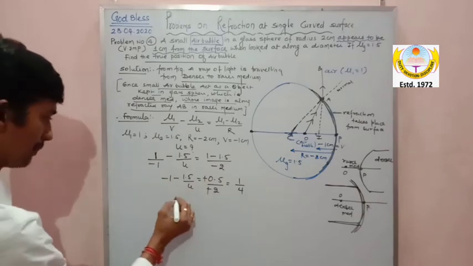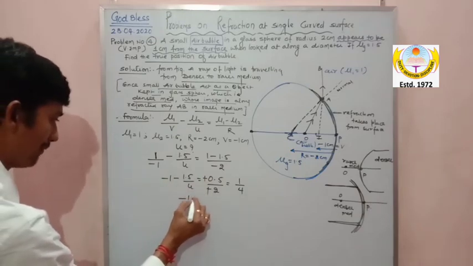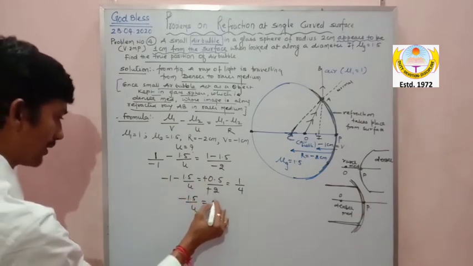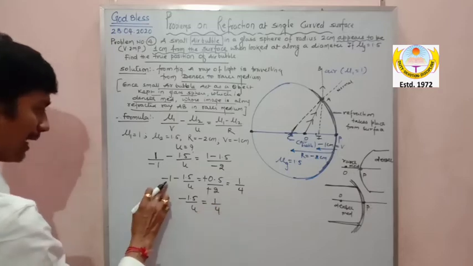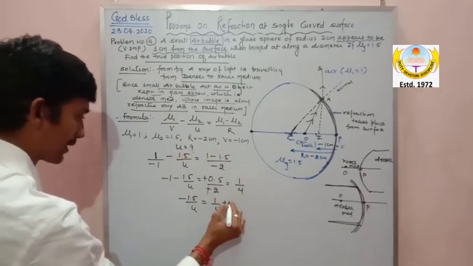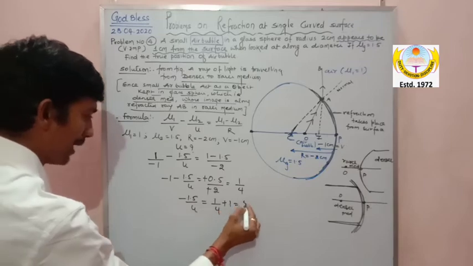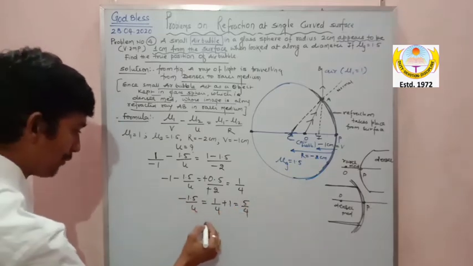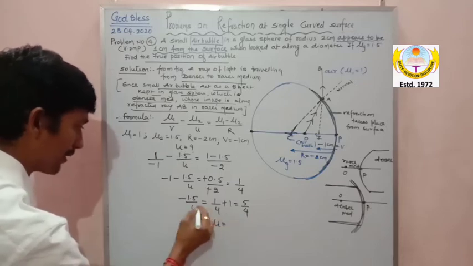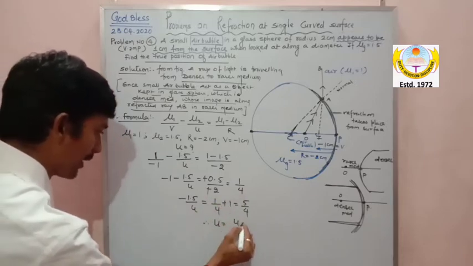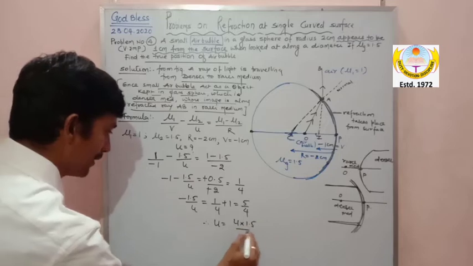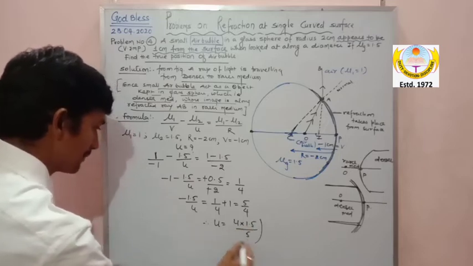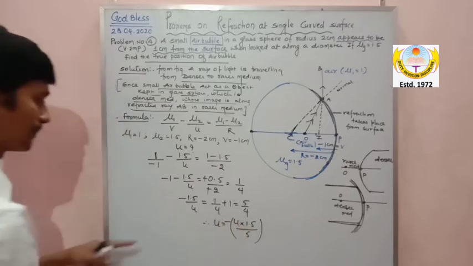So now my dear, this will be minus 1.5 divided by u is equal to 1 by 4, and this minus 1 will go on this side, become plus 1. The answer will become 5 by 4. So now my dear, what will be the value for u? Therefore u is equal to 4 into 1.5 divided by 5 with minus sign.